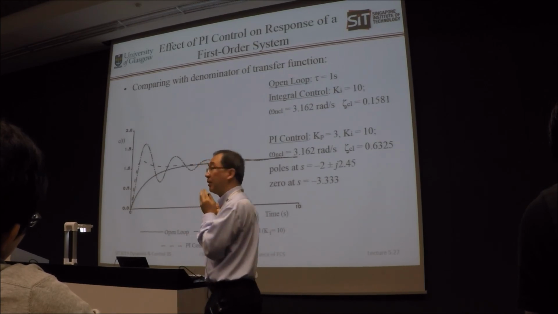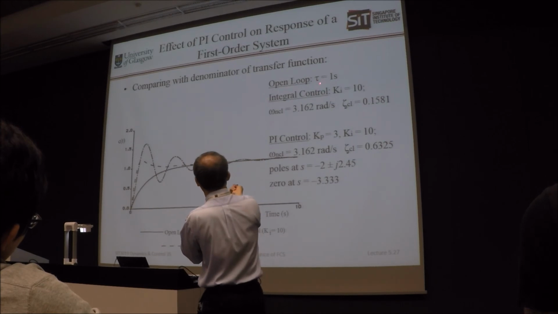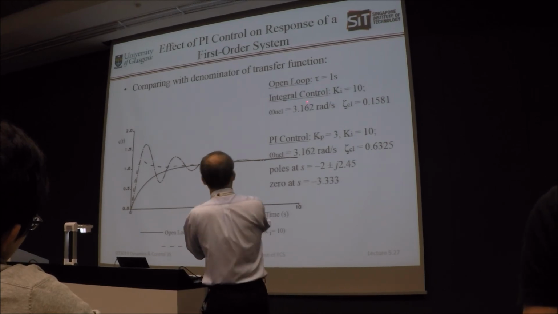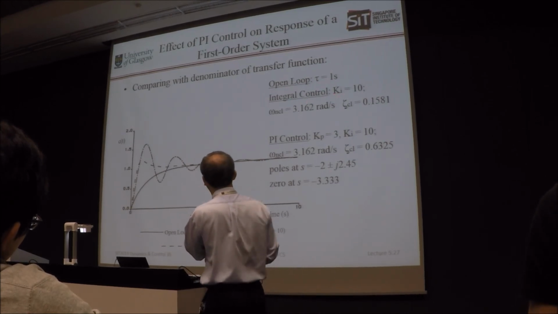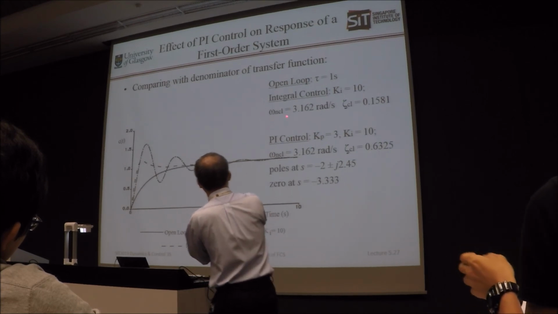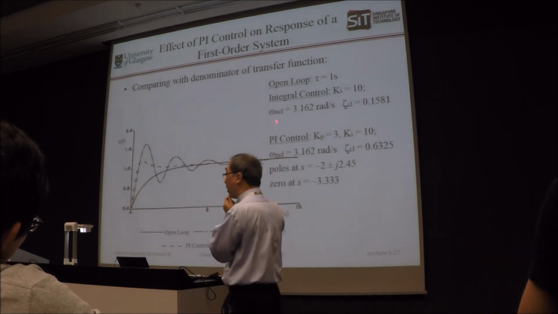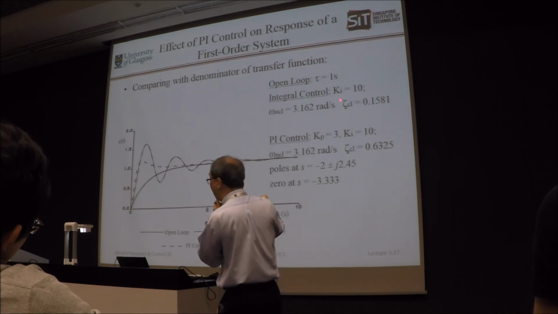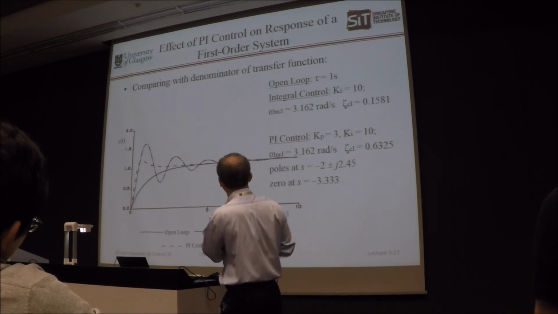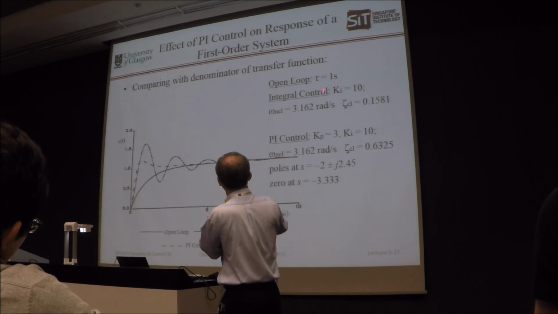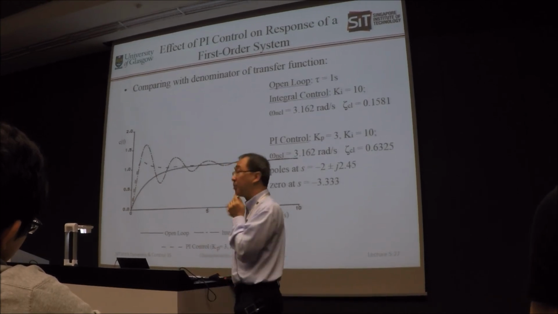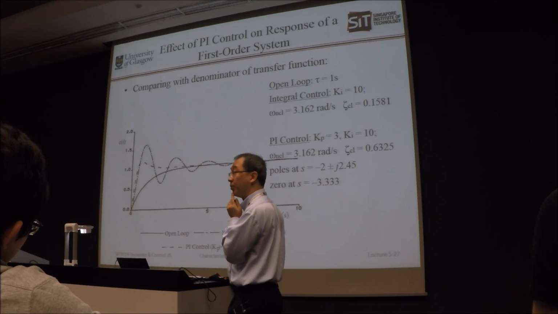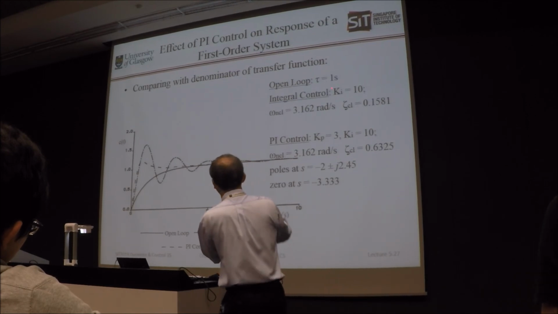We are given a situation where your open loop time constant is 1 second, integral control Ki is equal to 10, and your closed loop undamped natural frequency is 3.16. Your closed loop damping is 0.15. This is only with pure integral control.